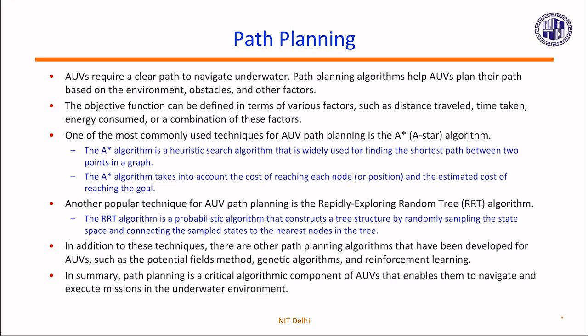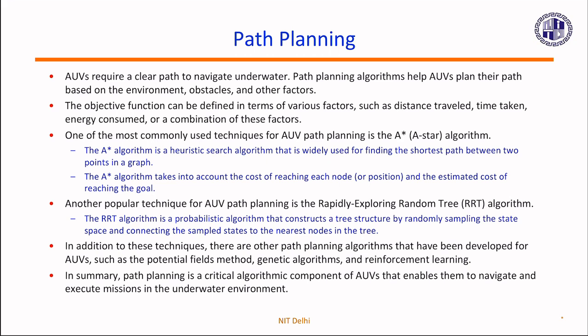In addition to these techniques, there are other path planning algorithms that have been developed for AUVs, such as the potential field method, genetic algorithm, and reinforcement learning. Each of these algorithms has its advantages and disadvantages and may be suitable for different types of missions and environments.